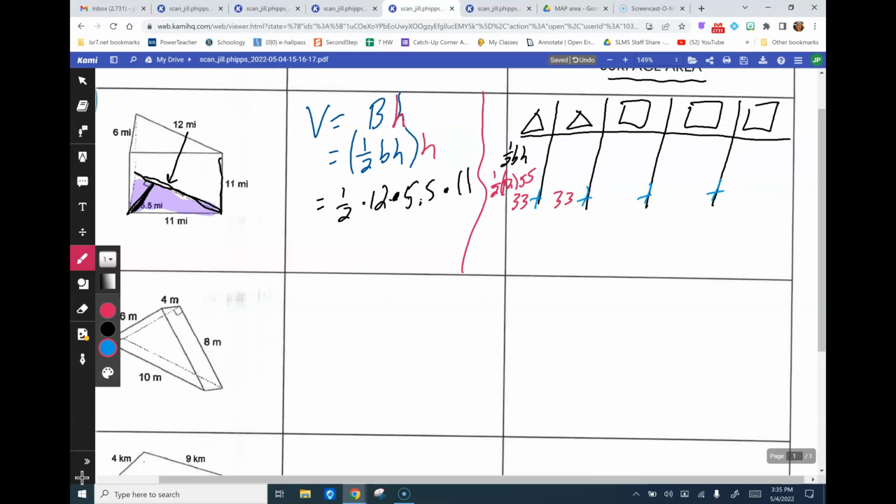Okay. Now, this is where we're going to trace each of these rectangles. So here is a rectangle right here, right? There's one of our rectangles. And that rectangle is 11 by 11. Okay, now I'm going to erase that. Now I have another rectangle right here. This one's kind of the tricky one to see.